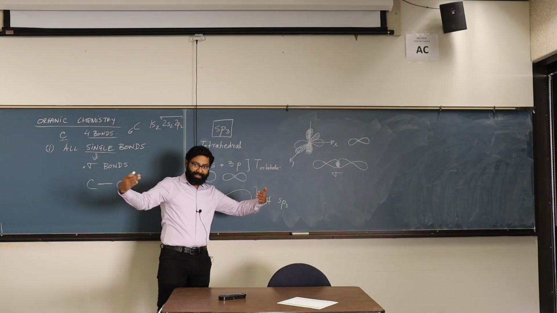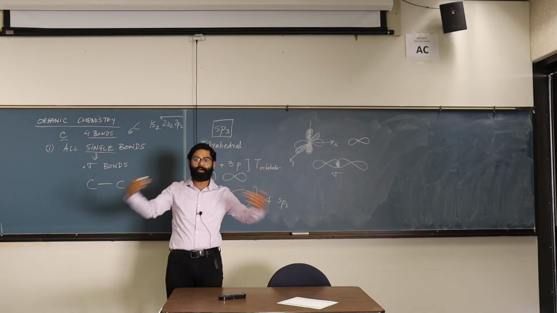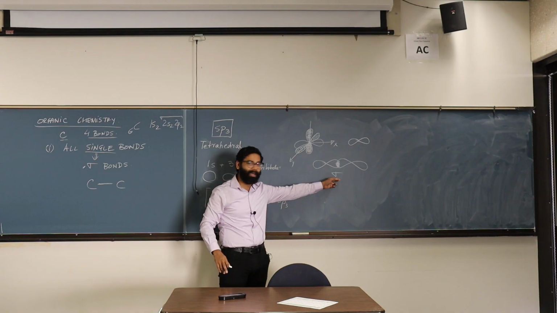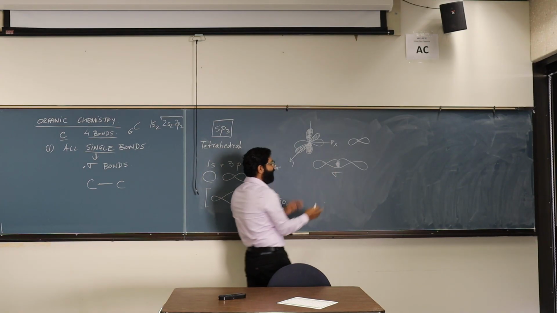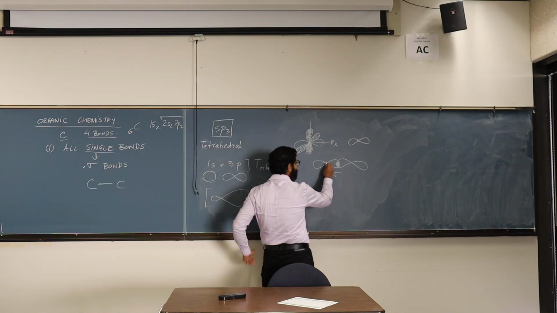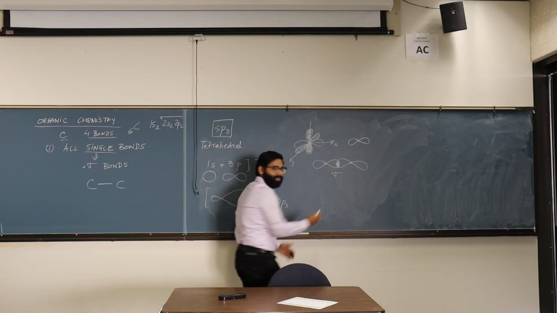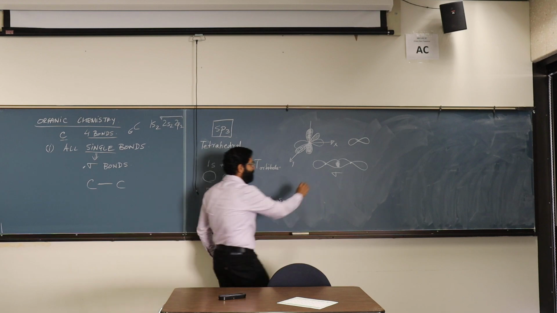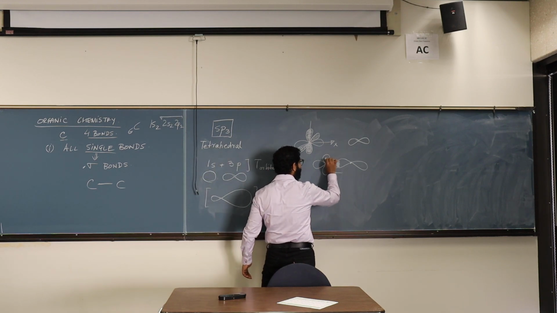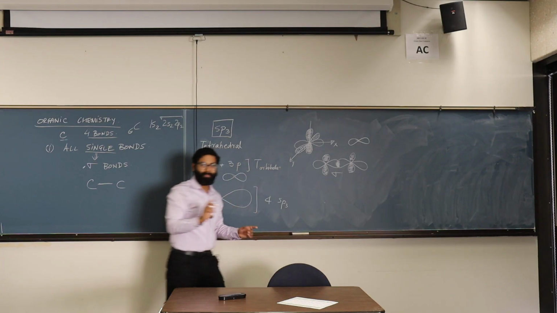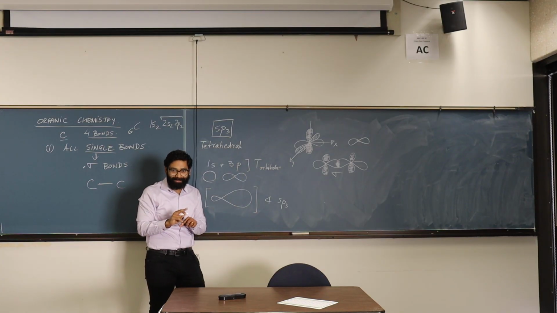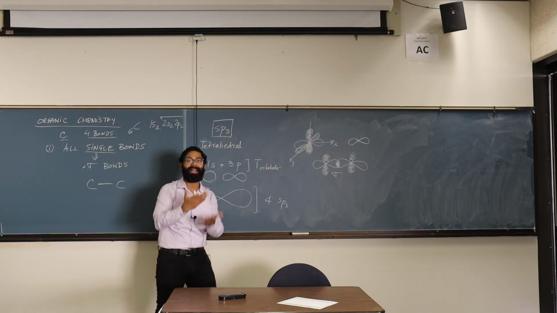Now, if the head-on overlap is allowed, that becomes a sigma bond. But sometimes 2 atoms have come close, there is a sigma bond, but there is probably another orbital which has come close, but they are not able to interact head-on.